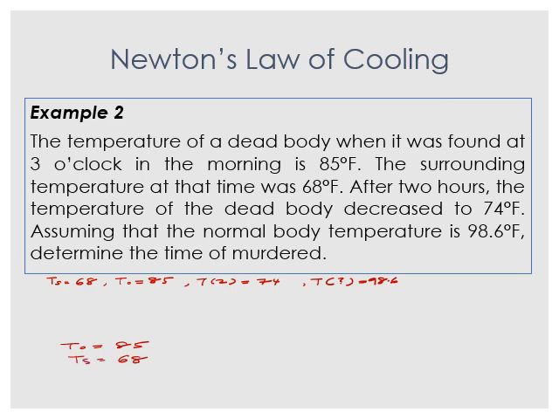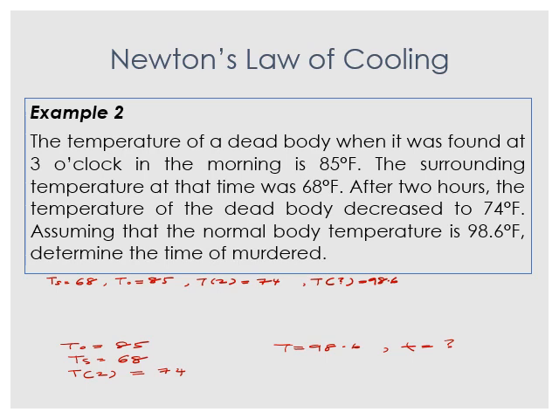After 2 hours, the temperature of the dead body decreased to 74, so we assume this is T2. We count the time in hours. We have all the information. It asks at T, the temperature equals 98.6, what is the time? That means it asks for the time of the murder.